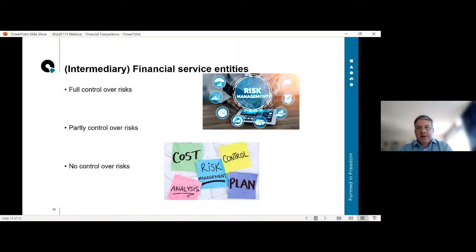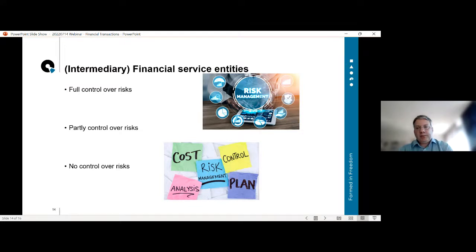And that is a situation, certainly in respect of intermediary financial service entities, that you will not encounter frequently in practice. That is something that you will normally see at the level of a treasury center, at a head office.